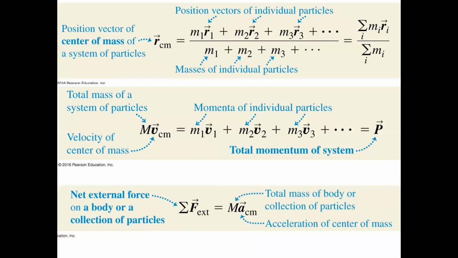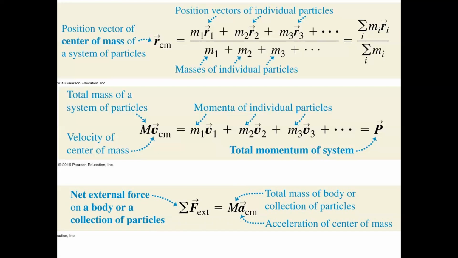And this is finally the key equation from this chapter. This gives you the net external force on a body or a collection of particles: the summation of F external is equal to the total mass of the body or collection of particles times the acceleration of the center of mass.